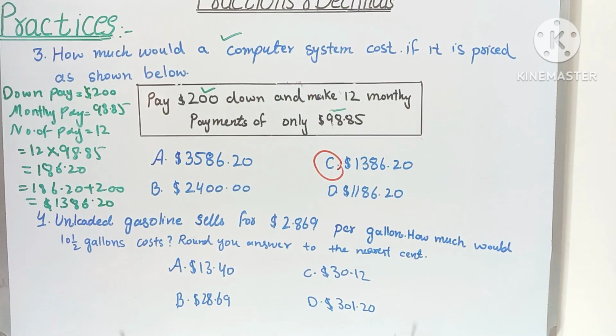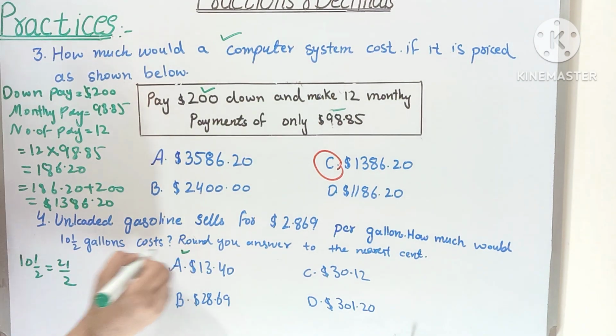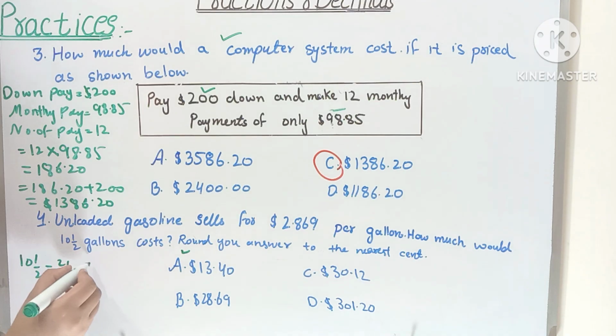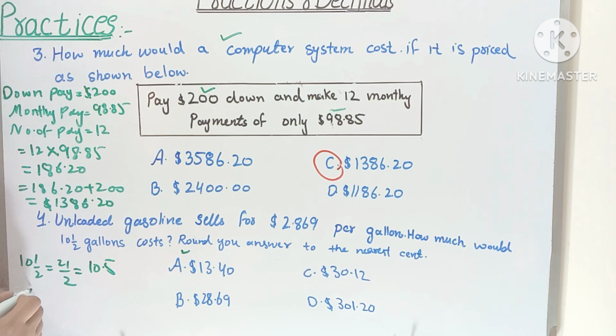Firstly, we convert the mixed number into a proper fraction: 10 times 2 is 20 plus 1, 21/2. They demand the question in decimals, so when we divide, we convert into decimals: 10.5. Now, to find the total cost of gallons, we multiply 10.5 with $2.869.